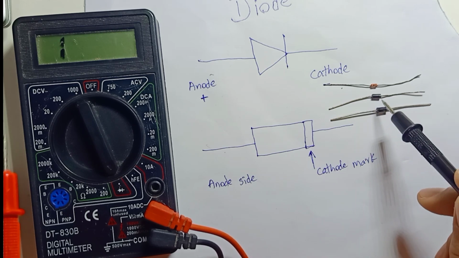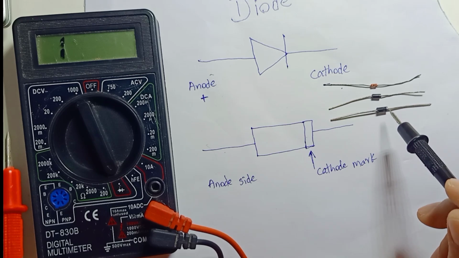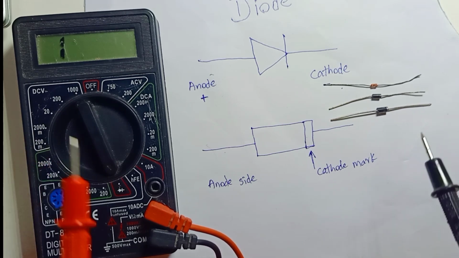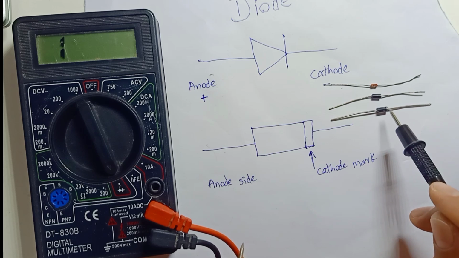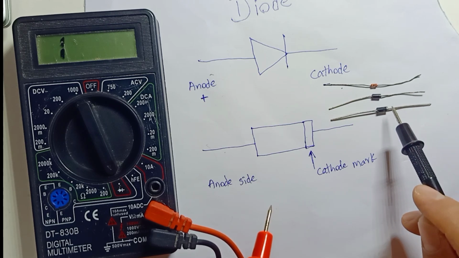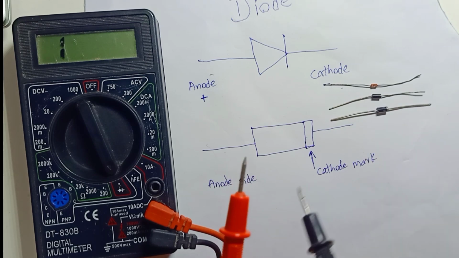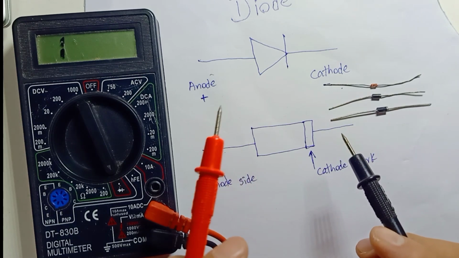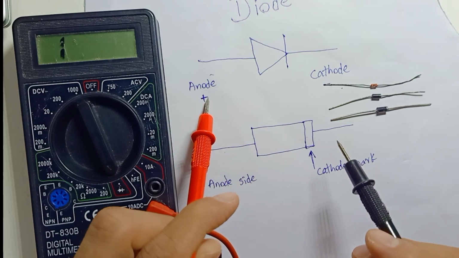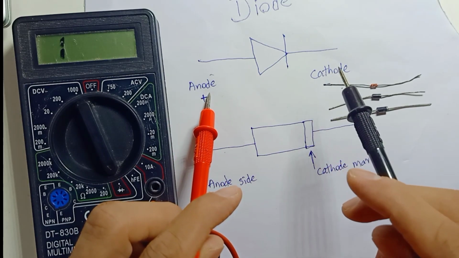Every diode will have a mark for the cathode. Once you see the mark, you identify that side as the cathode. If you cannot see the mark anymore, don't worry, this is how we're going to test. Anode is basically positive and cathode is basically negative.